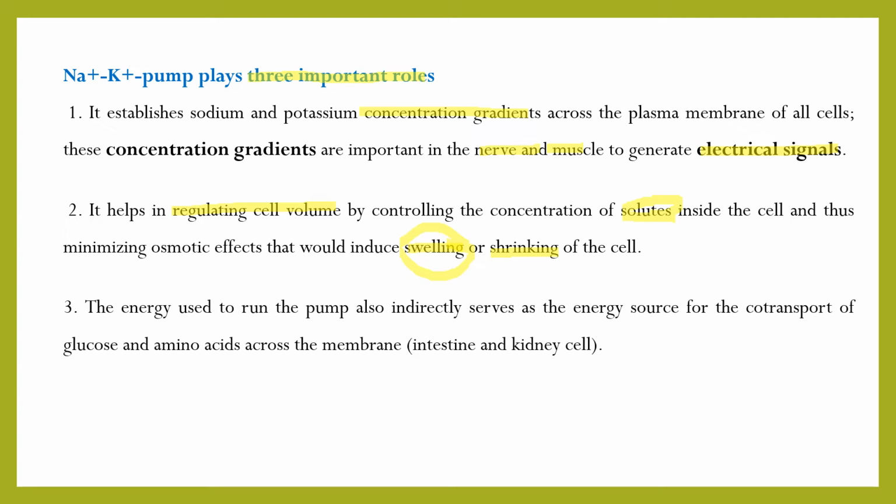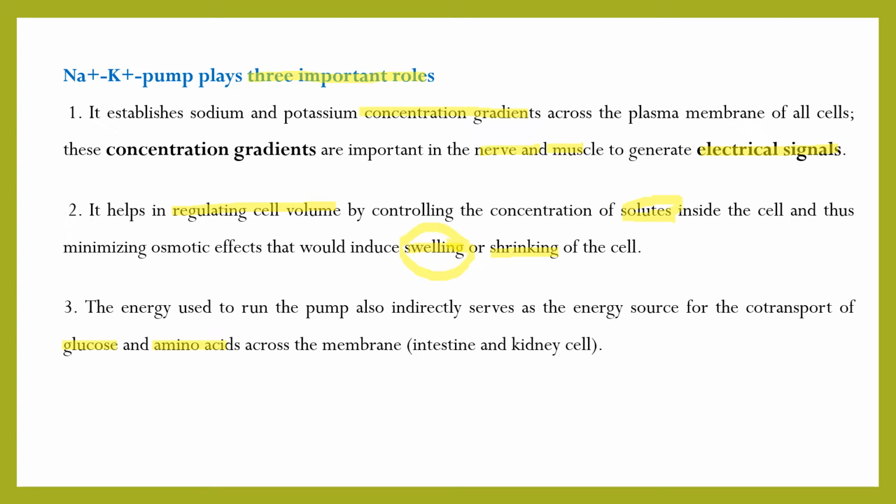Third, the energy used to run this pump, because this is active transport, so active transport already requires energy. Therefore, this energy that is required to run this pump is indirectly served as a source of energy for co-transport of glucose and amino acids across the cell membrane.